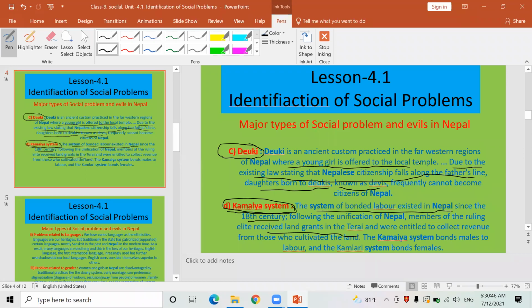During the Rana rule especially, people didn't get their salary in cash. They used to get land as a salary, not always cash.